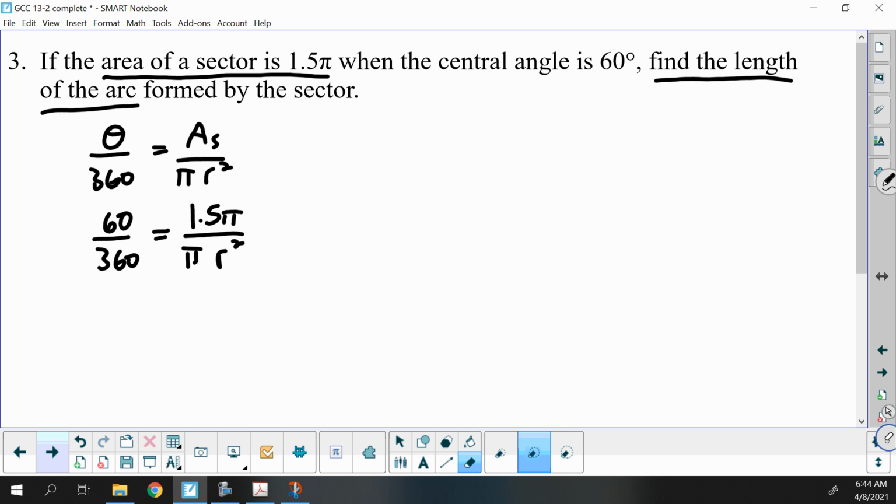We saw in some other ones, 60 over 360 reduces to 1/6. Our pi's can divide out, so we have 1.5 over r squared on the right. If we cross multiply, we get r squared is equal to 9. And then when we take the square root, we get r equals 3.